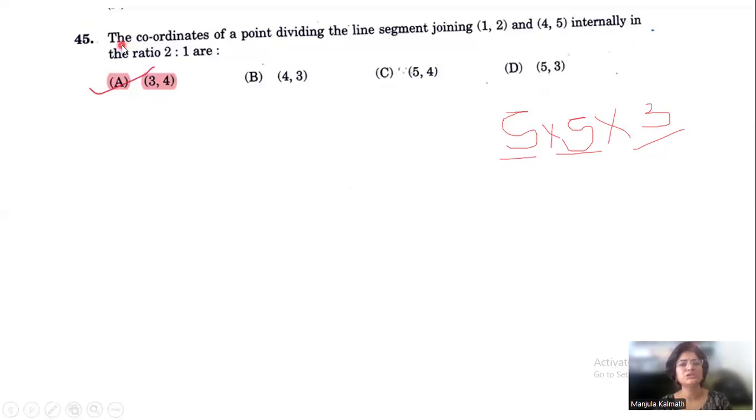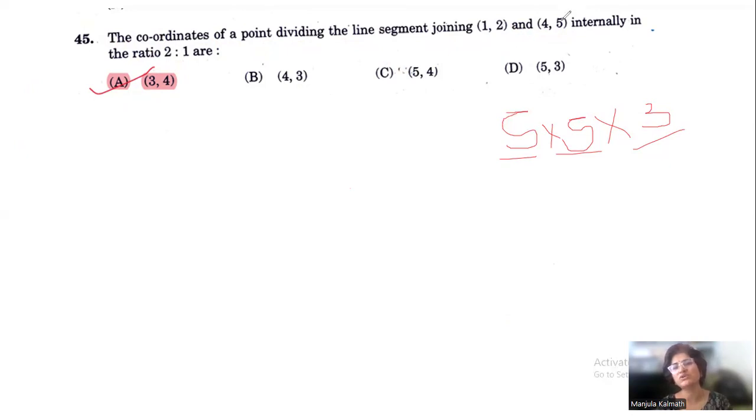The next question is a geometry question. The coordinates of a point dividing the line segment joining (1, 2) and (4, 5) internally in the ratio 2:1. Here we have a line, which is nothing but a joining of 2 points.